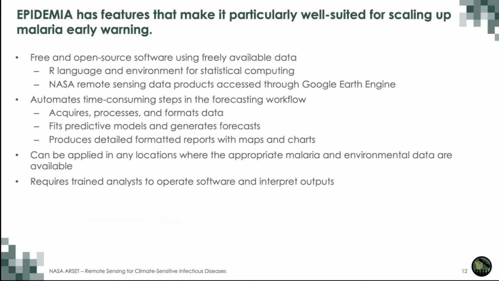So EPIDEMIA has a number of features that made it particularly well suited for malaria early warning and also taking that to scale. So we based it on free and open source software and data. So that included the R language for actually doing the processing and modeling, as well as NASA remote sensing data that we access through Google Earth Engine. The real advantage to the software was that it automated a lot of the time-consuming steps in the forecasting workflow.